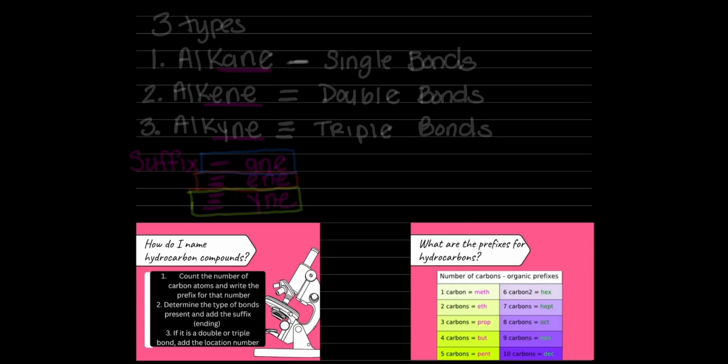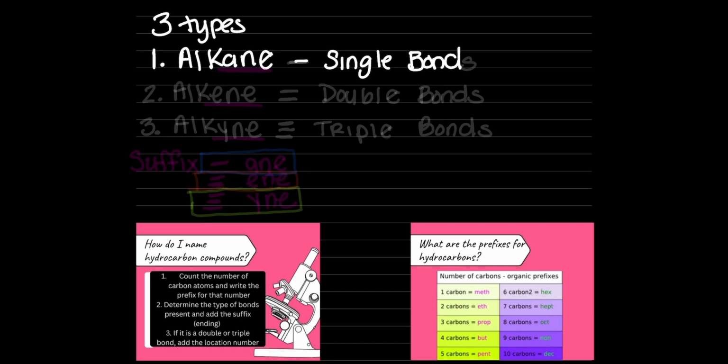Now, before we start doing examples, I do want to start us off with a few essential notes, okay? Now, what you need to know is that there are three types of organic bonds that are created in a hydrocarbon. So there's three types. The first type that you should know about is what we call an alkane. Alkanes are identified by single bonds. Your single bond will literally look just like a line, like I just drew right here.